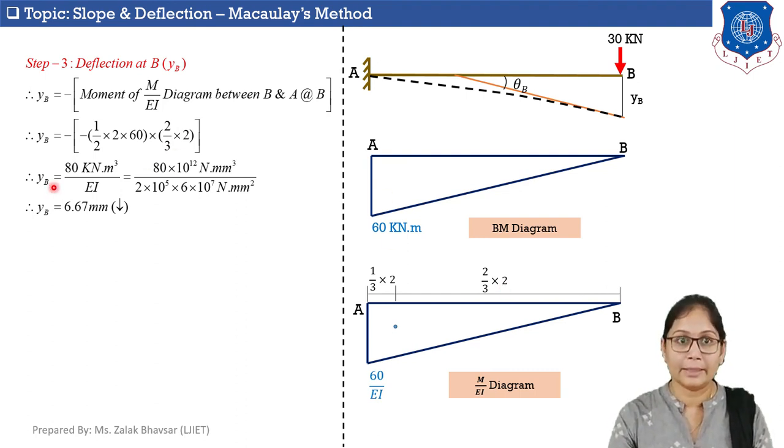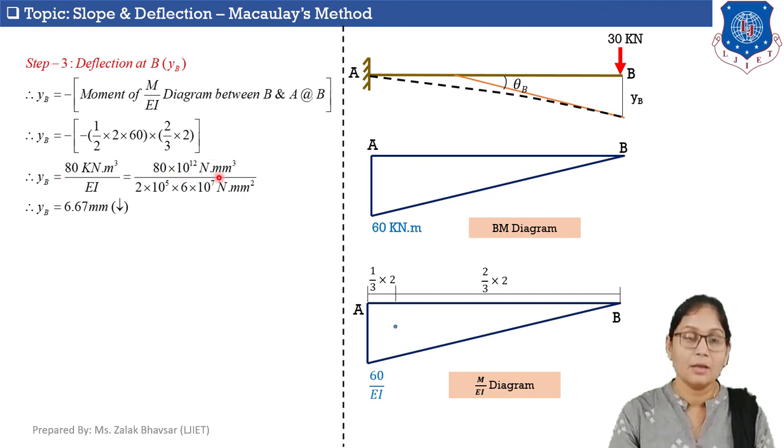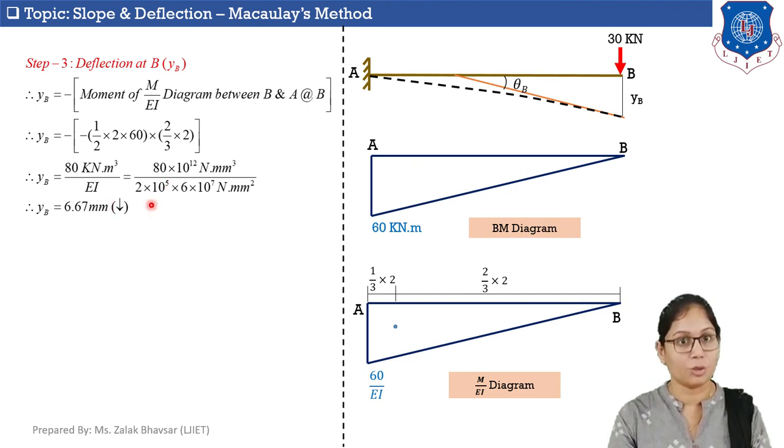So we are getting YB equal to 80 kilonewton into meter cube upon EI, and I need to convert it into Newton into mm cube. So I need to multiply 80 with 10 raised to 12. The value of E, which is given, is 2 into 10 raised to 5, and I, which is also given, is 6 into 10 raised to 7. So I am getting the value of YB as 6.67 mm.